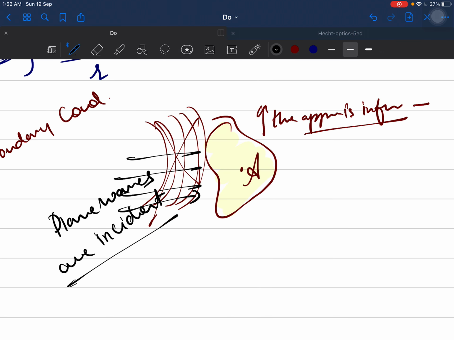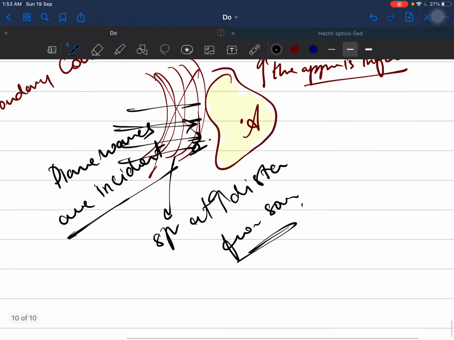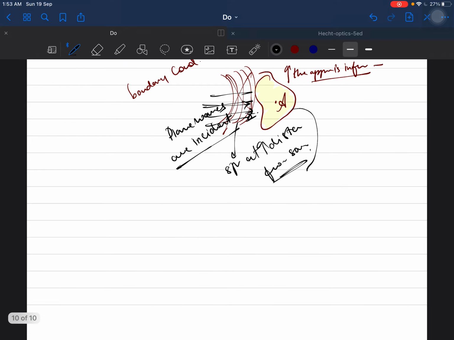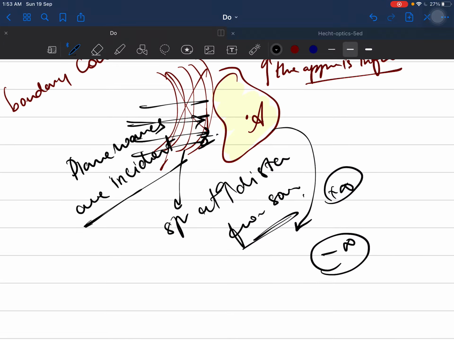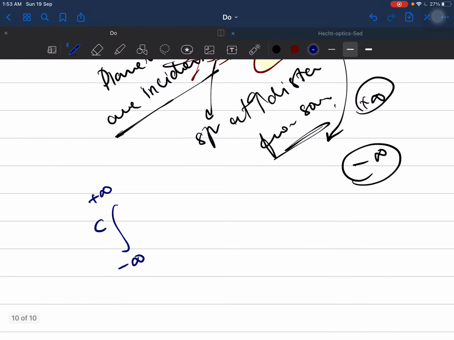Plane waves, like spherical waves at a higher distance from the source. A clean plane wave propagating in the z direction. That was the essence of it. So now you just make the aperture infinite. Now what will happen? The original propagation will continue. So simple. C, infinity plus infinity.